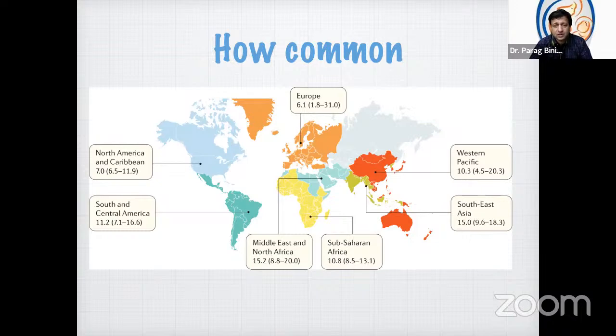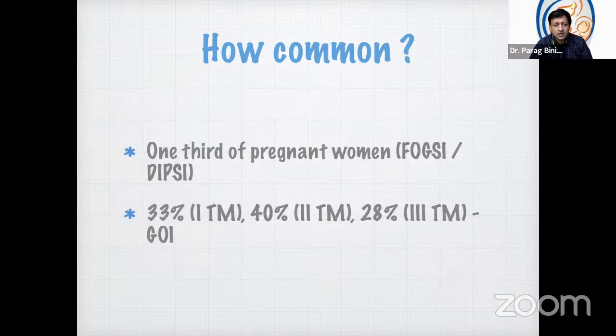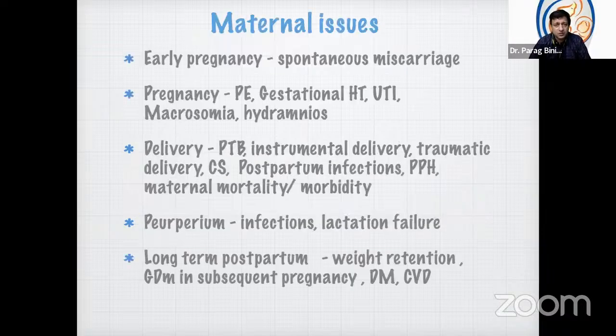In our country specifically, we are getting a lot more numbers, and it is estimated by FOGSI and DIPSI that 33% of women do develop diabetes in the first trimester, about 40% of them in the second trimester, and 28% in the third trimester. This is what the government feels, and 1/3 of pregnant women are found to have hyperglycemia in pregnancy. This is what is postulated by FOGSI and DIPSI.